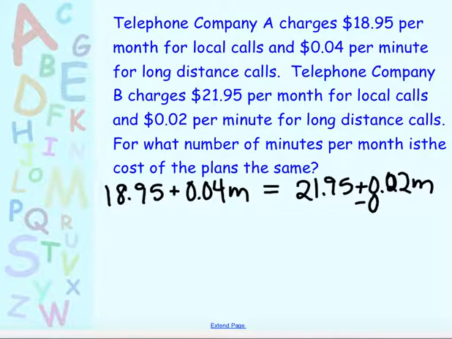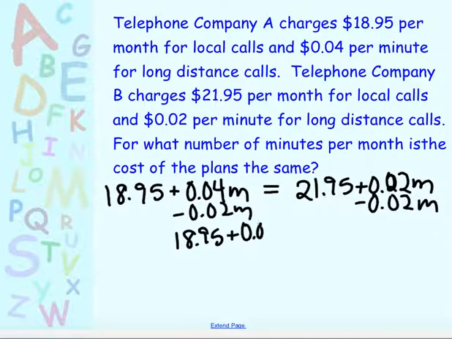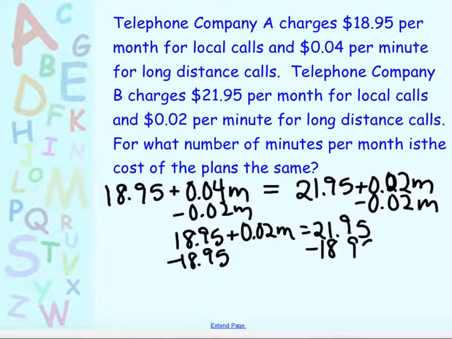So I'm going to subtract 0.02 m from each side, and I would get 18.95 plus 0.02 m equals 21.95. And then I subtract 18.95 from each side, and I get 0.02 m equaling 3.